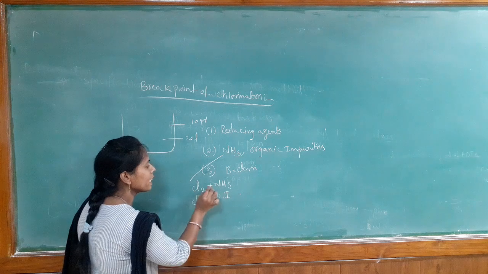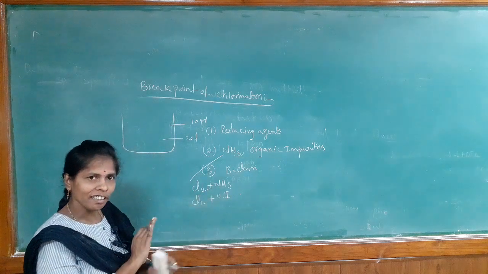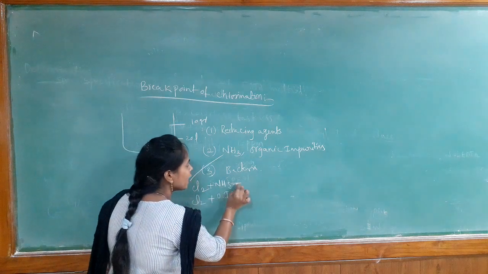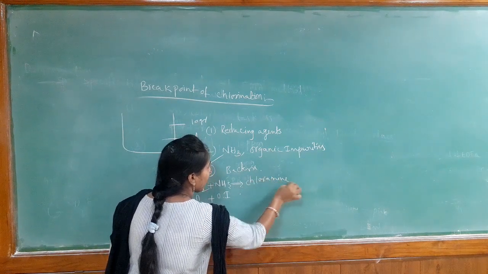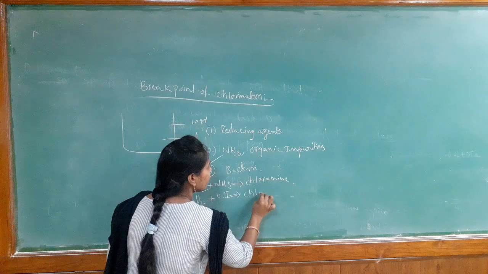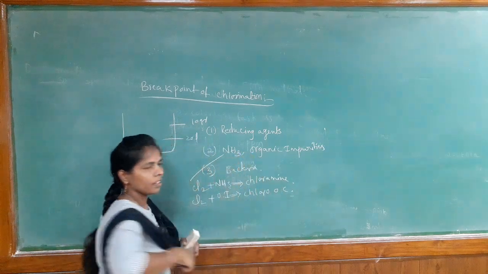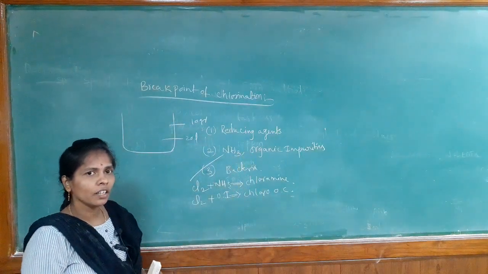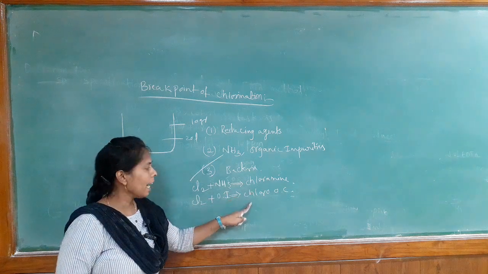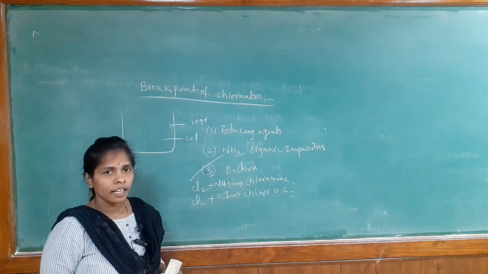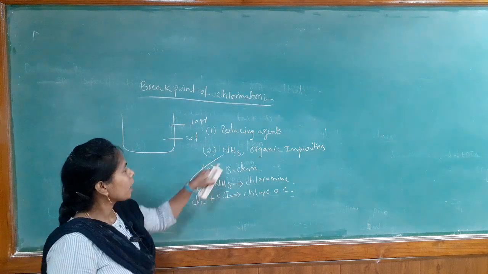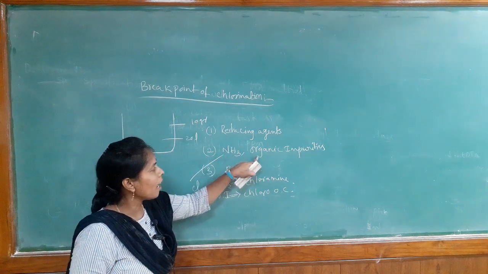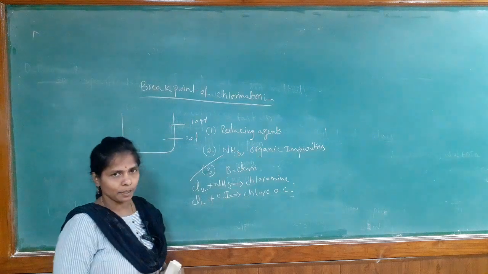Instead of killing, it is forming chloramine and chloroorganic compounds. That means the additional chlorine is combined with ammonia and the organic impurities in the second stage.